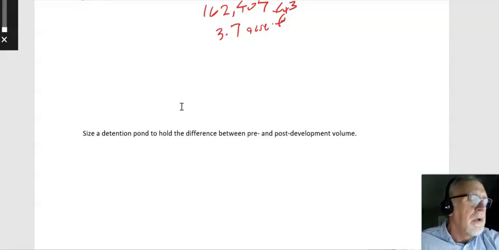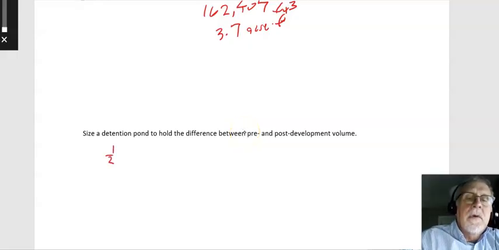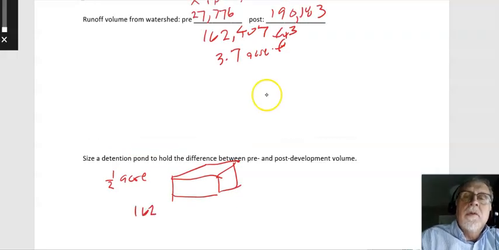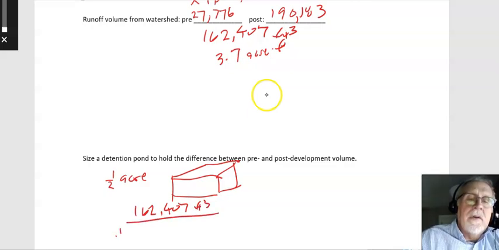What size shall we make it? Shall we make it a half acre? So how deep does it have to be? 162,407 cubic feet over half an acre, so 1/2 times 43,560.